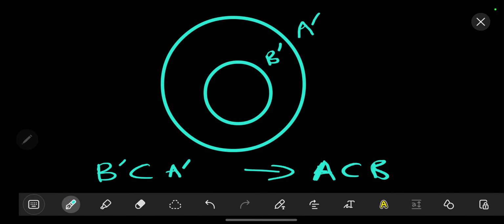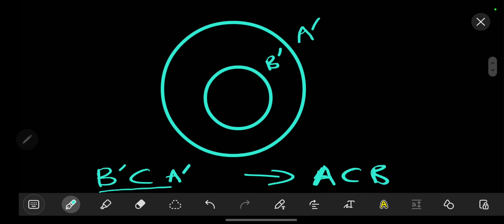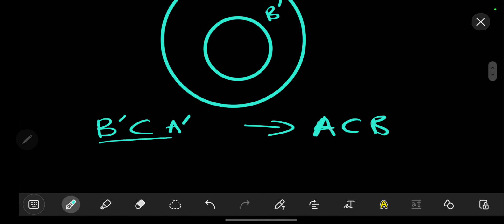For the second part of the proof, we want to use this side to go to A is a subset of B. This time B complement is a subset of A complement, which means that B complement is found inside A complement. So how are we going to do that? Just take the first letter, that's where you want to go.